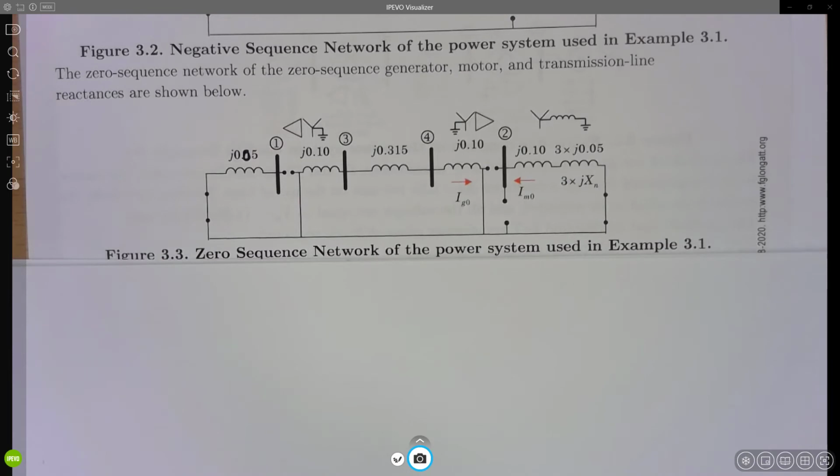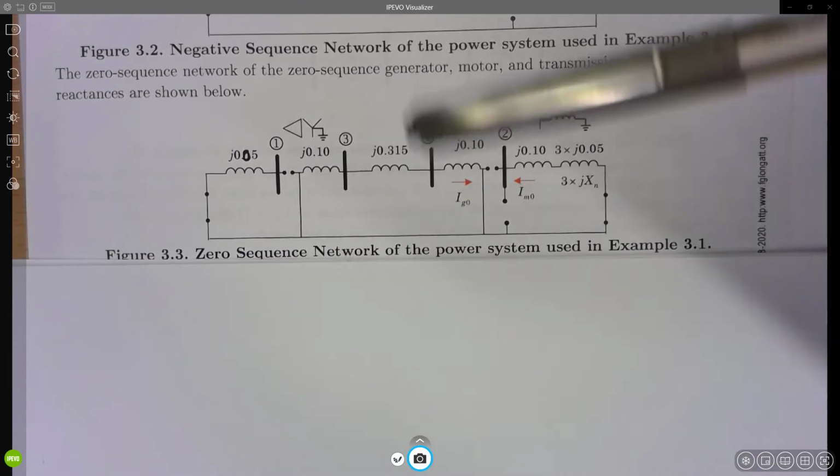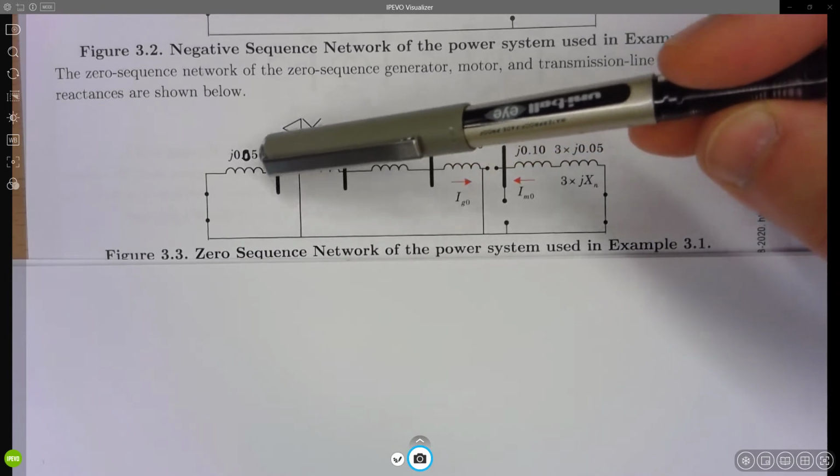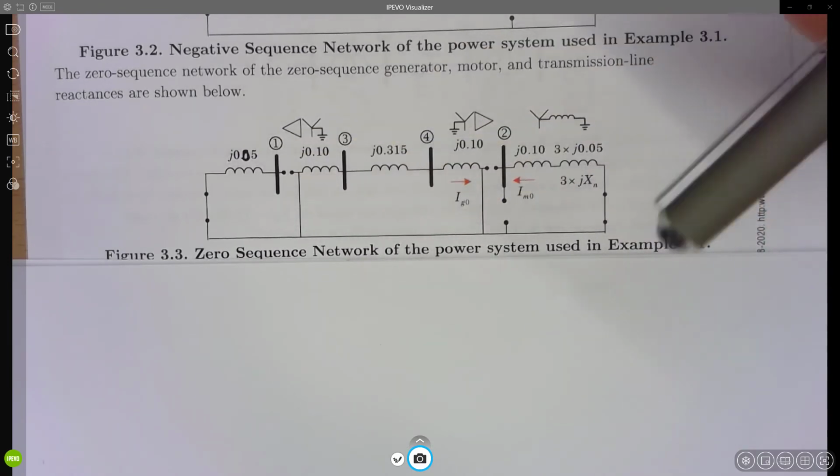And then we have a transformer, and that transformer is a step-up transformer, and that step-up transformer is delta-star with the star solidly grounded. Okay, you must remember from my class about symmetrical components that if you have a delta connection, it's impossible to have zero sequence currents.